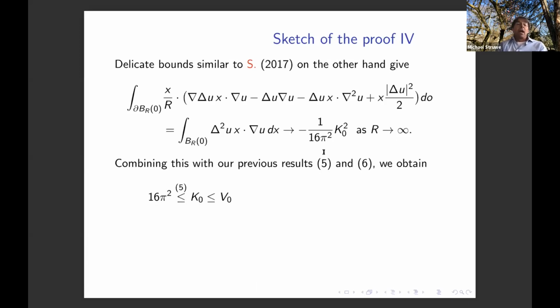So now, when we combine this convergence result with what we already know, we obtain the following chain of inequalities. First, from one of the first slides of the proof, we had this lower bound for k0. K0 was bounded from below by 16 pi squared.